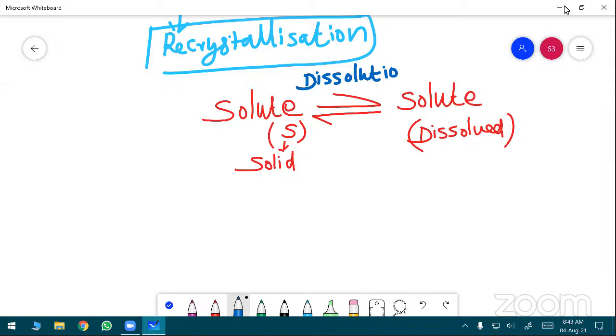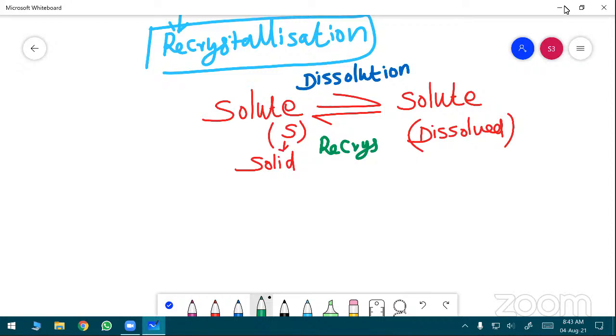In the backward direction, the process is called recrystallization. When the solute starts dissolving, the process is called dissolution. When the solute gets back to the solid state, that is the reverse direction, called recrystallization. Now it is clear what dissolution and recrystallization are.